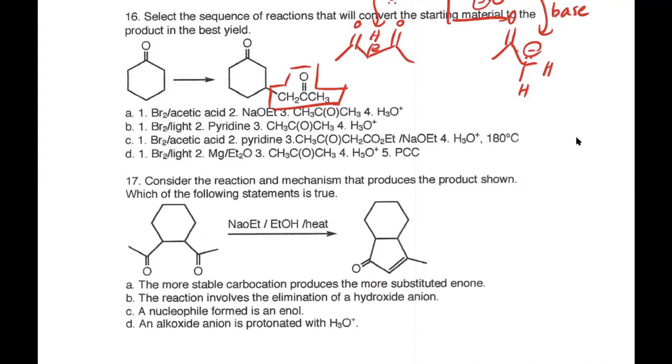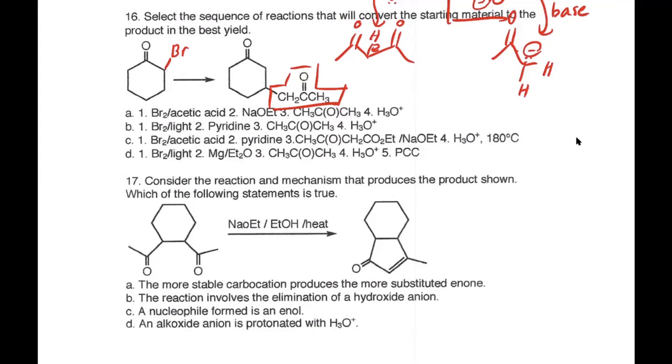But Br2 and acetic acid, let's see what that's going to do. That's a very selective reaction when you have these carbonyls and you want to put the bromine specifically in replacement of an alpha hydrogen. So if we put Br2 in acetic acid, we would get Br right there. Okay, so we can go with that for now and continue on and see what we get.